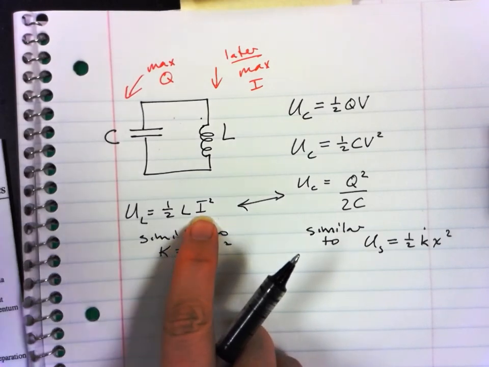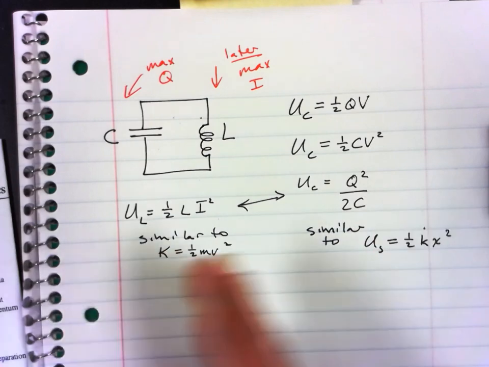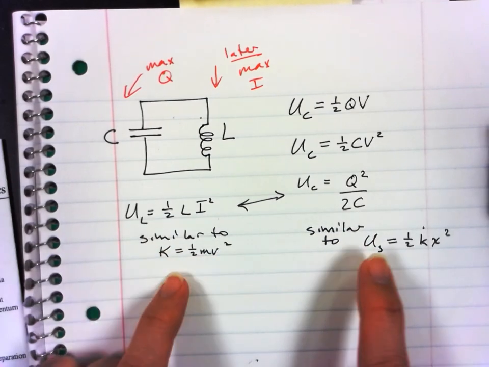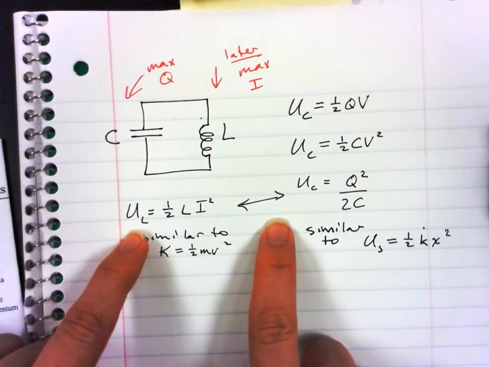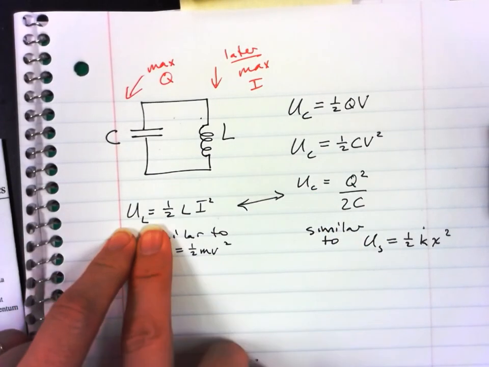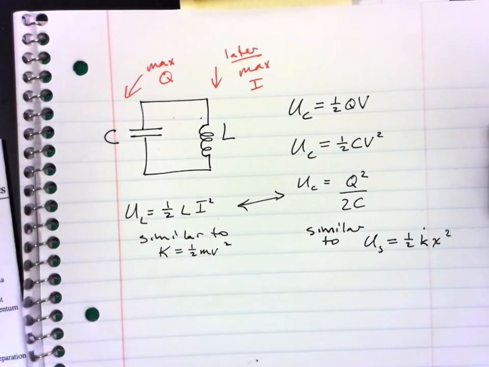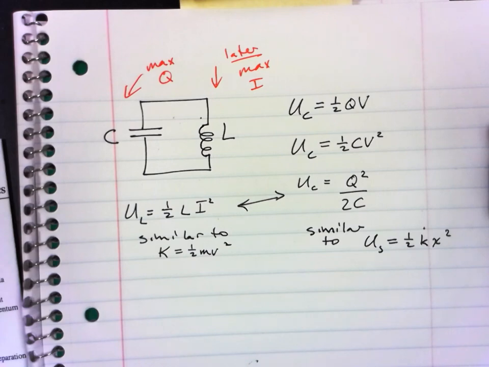Current is charges moving past a particular point in time. So just like a mass on a spring was converting continuously between kinetic and spring potential energy, this kind of circuit is converting between electrical energy storage and magnetic storage. Or it's not really storage then because it's movement, but same idea.